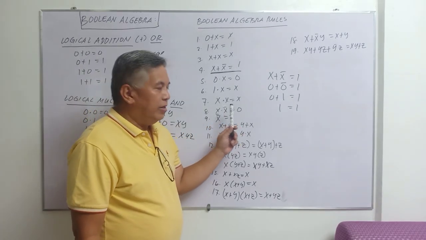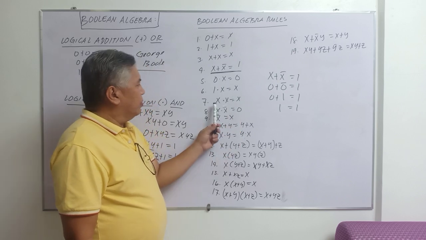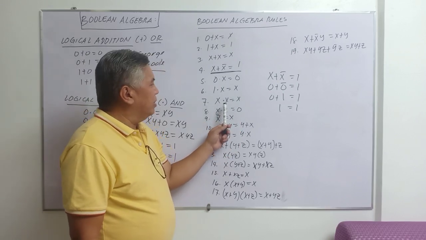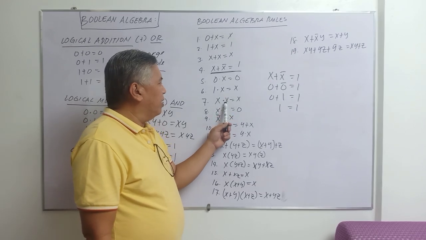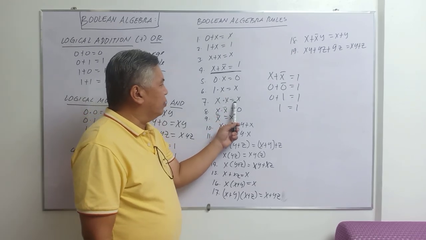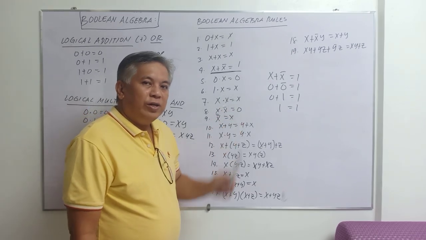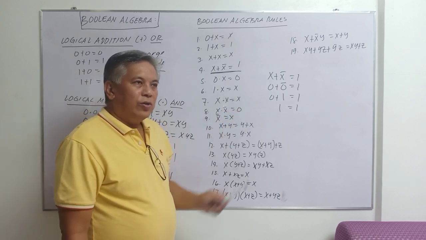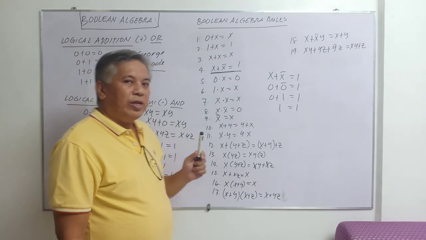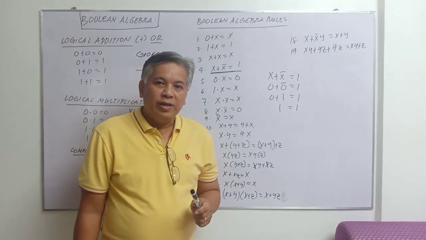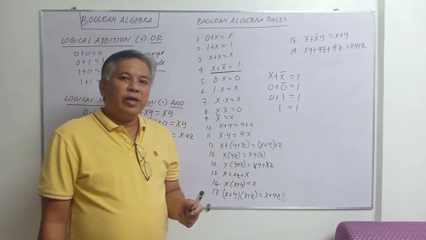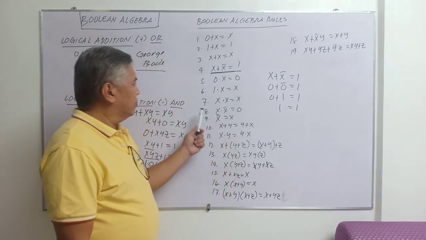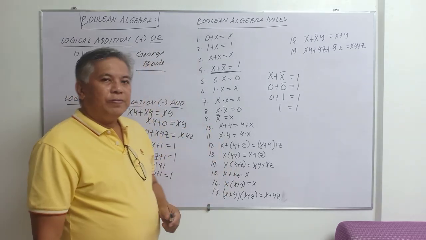Not x squared, but equal to x. So any variable or variables again multiplied to the same variable or variables is equal to that variable or variables. So x times x is equal to x. Or let's say xy times xy is equal to xy. xyz times xyz is equal to xyz. That is rule number 7.